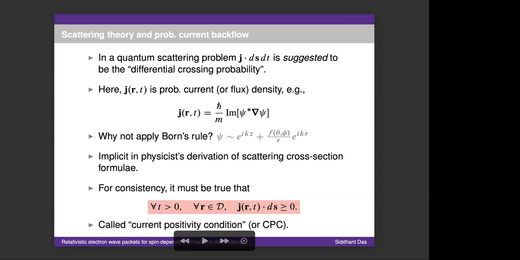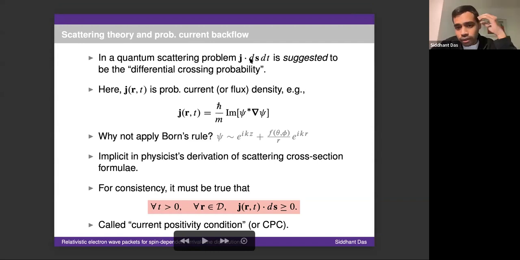How do they motivate it, or do they try to derive it from the usual axioms of quantum mechanics? Is it an additional axiom? So this quantity is supposed to be a differential probability. It's actually a joint probability, for a detection in an area element dS, and the detection taking place between time t and t plus delta t.